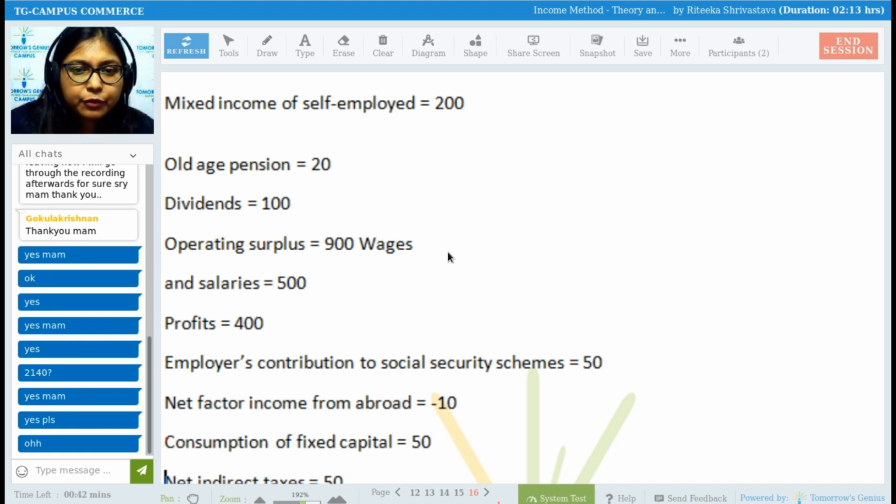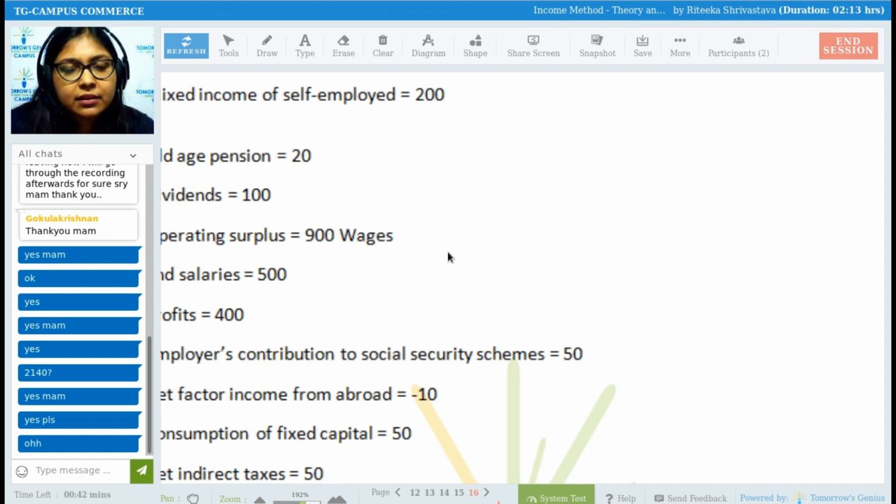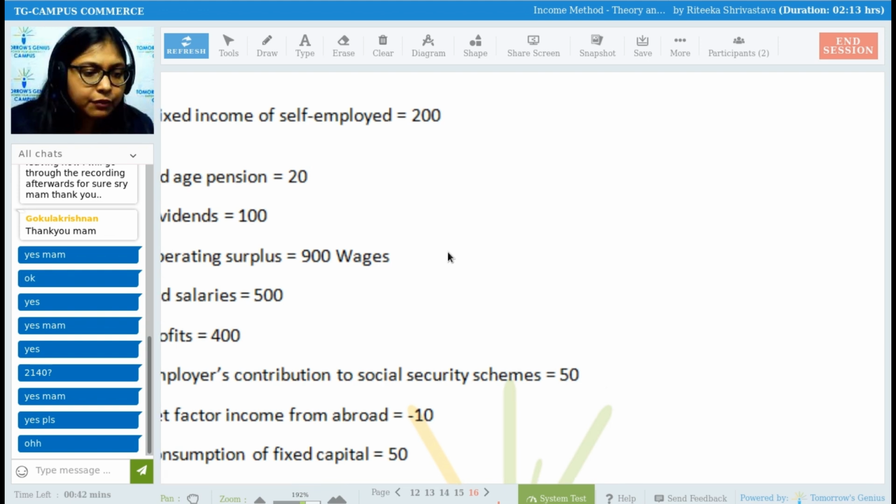You have to go from NDPFC to NNPFC. We don't need NIT. When we need NIT, when we have to convert MP and FC. There is no MP in the question. I'll solve that.